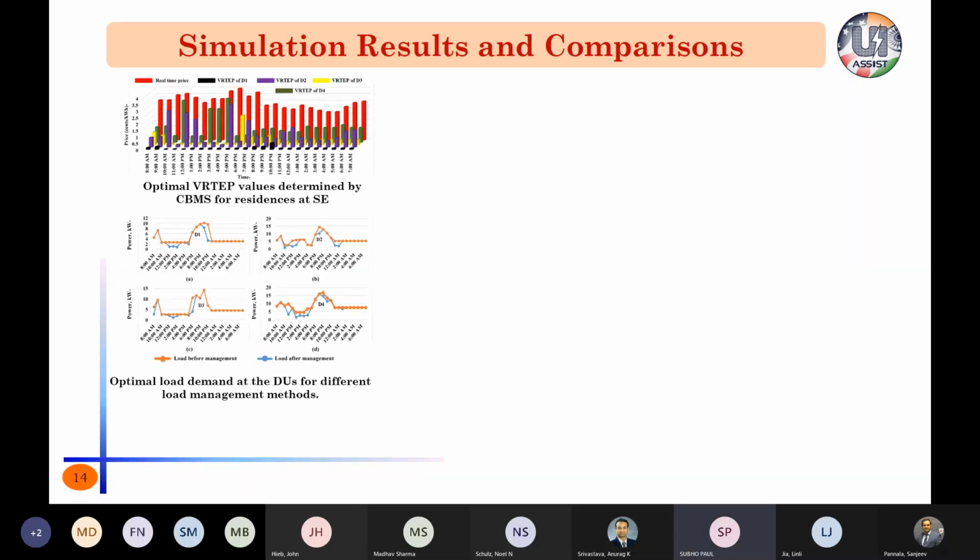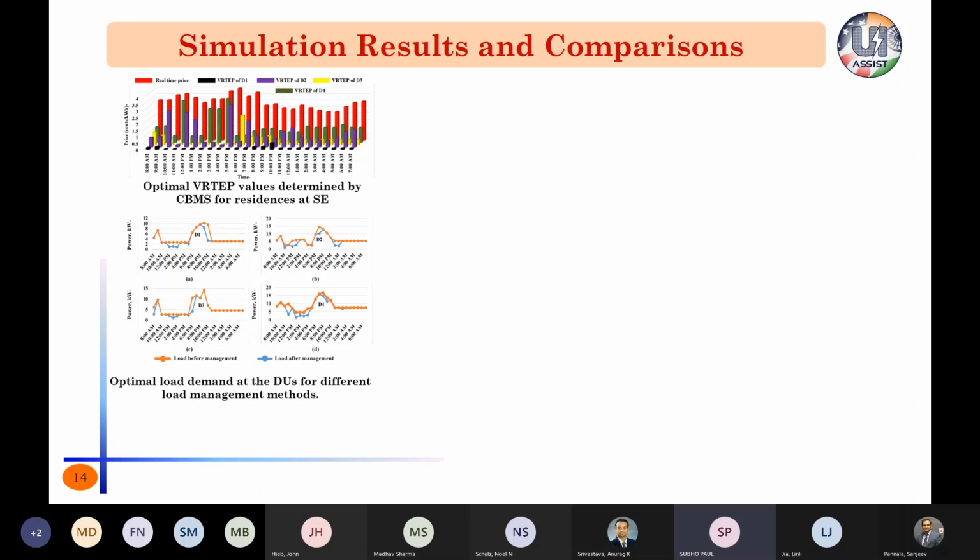From the simulation results, we can see that in the top figure, red is the actual real-time price, which is the same for all of them, and we consider four different lifestyle residences, D1, D2, D3, and D4, where D1 is the most flexible one and D4 is the most critical one.